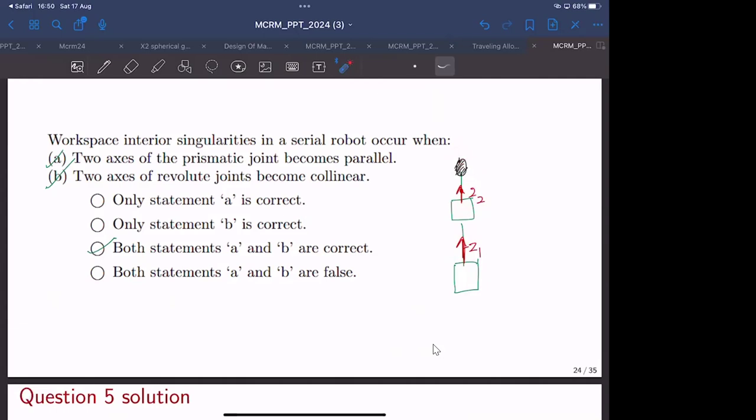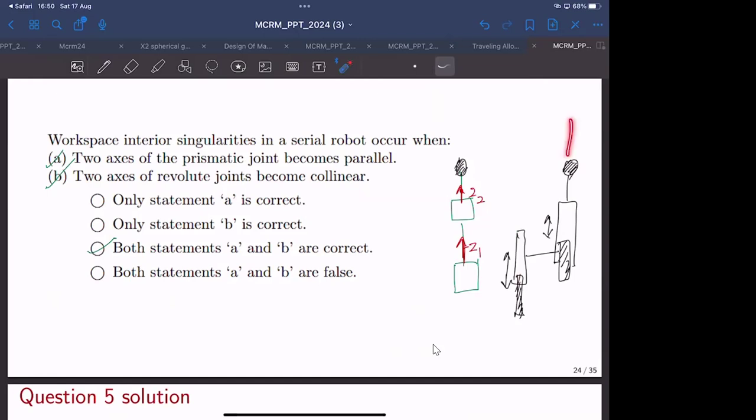Or in the case when you have two collinear prismatic joints, this is one prismatic joint and this is another prismatic joint. If you consider this to be your output, and both of these prismatic joints move in the vertical direction, then no matter if you move this or this, you will get the same output for this output point.